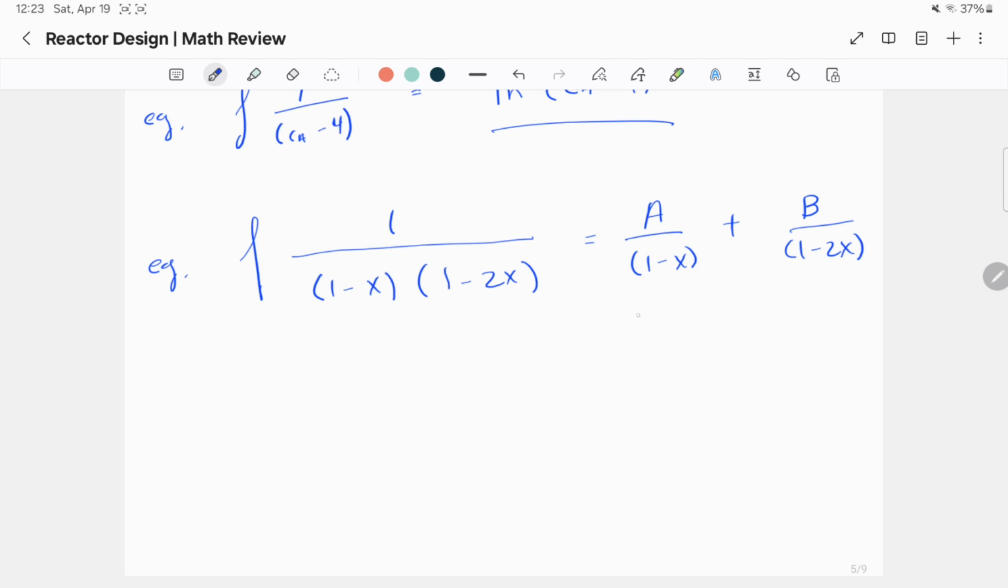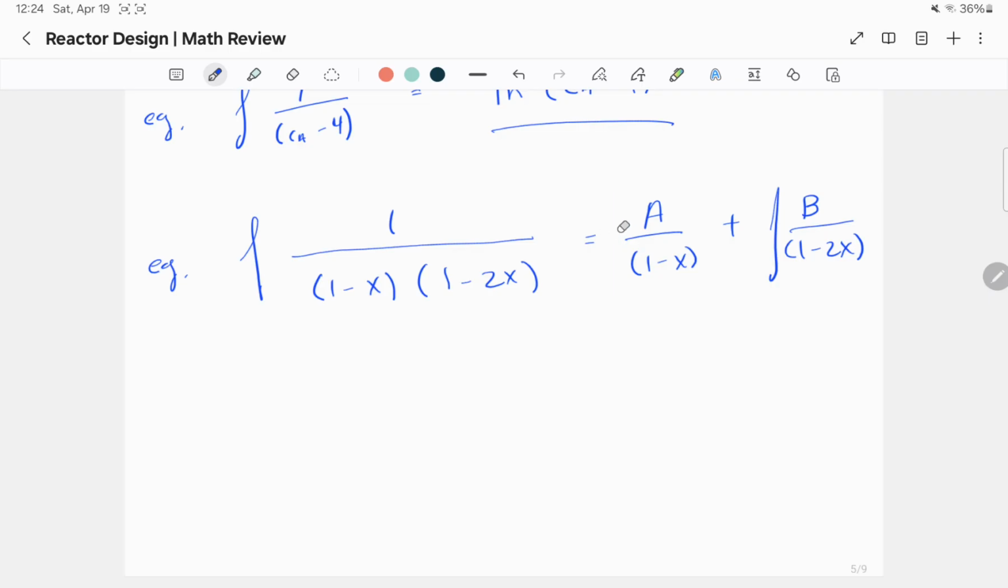So we're looking to divide this function on the left side into a partial fraction, like on the right side, and then we can solve each one separately. We can find the integral for each one separately.